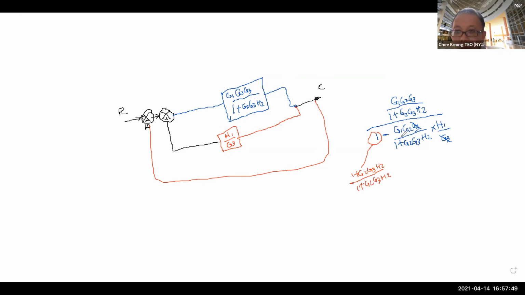Now all three terms have the same denominator. So how do I proceed? Since all of them have the same denominator, you can just cancel all the denominators away. Then the net result is you copy all the numerators. So the numerator for the top will be G1, G2, G3. So that is your top here.